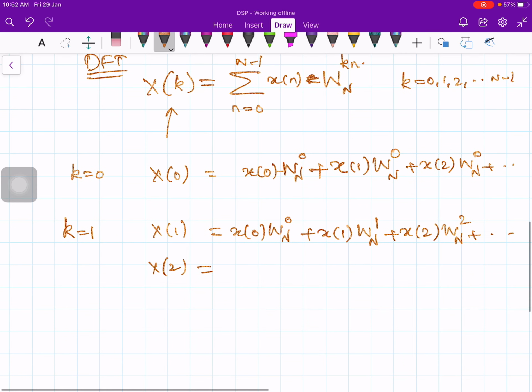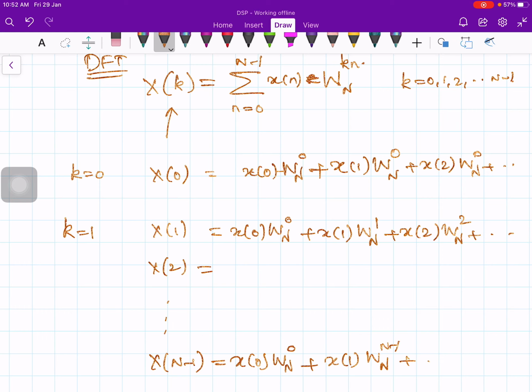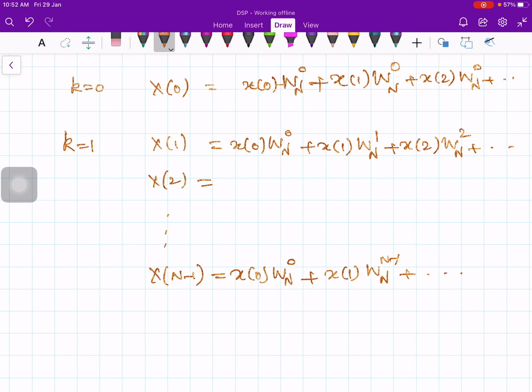Similarly, X of 2 you can write, then X of N minus 1 is equal to x of 0 W_N^0 plus x of 1 W_N^(N minus 1) plus dot dot dot. How many equations do I have here? 1, 2, up to all the way N minus 1. So I have capital N number of equations. These equations are linear equations.